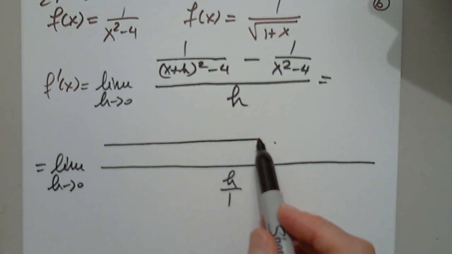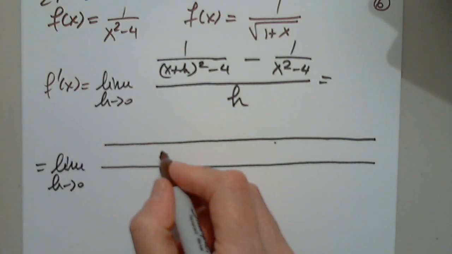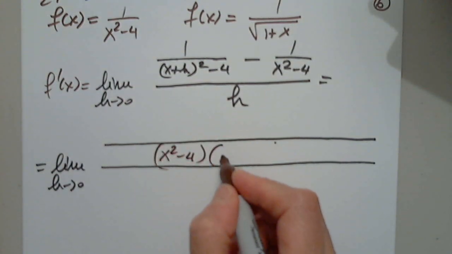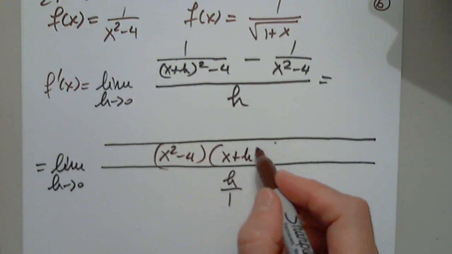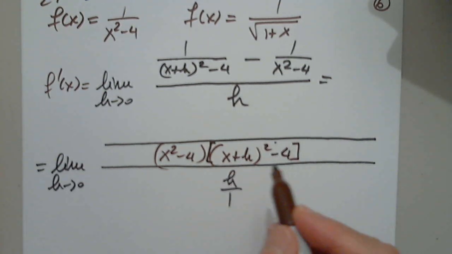Can anyone identify the least common denominator? Would that be x plus h squared minus 4 and x squared minus 4? Yes, it has to be the product of the two, so it's x squared minus 4 and x plus h squared minus 4.